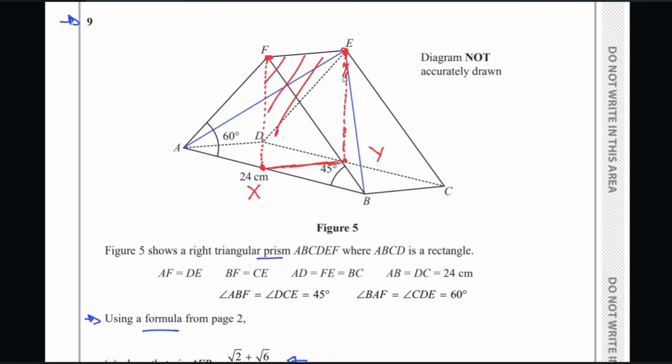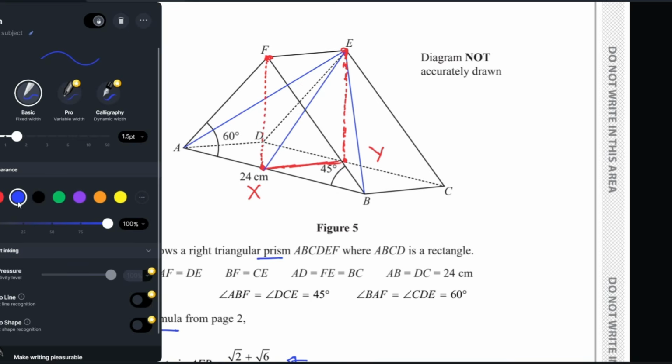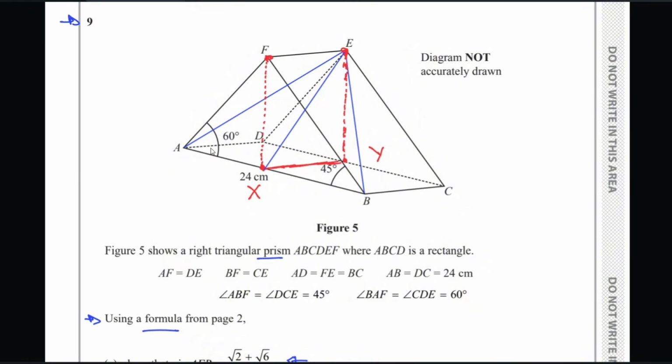FEXY, which is rectangular. And if I draw a line from point X to point E, you can see this line EX lies on the triangular plane AEB. So the line EX lies on the triangular plane AEB, and the line XY lies on the plane ABCD, the rectangular plane on the floor.